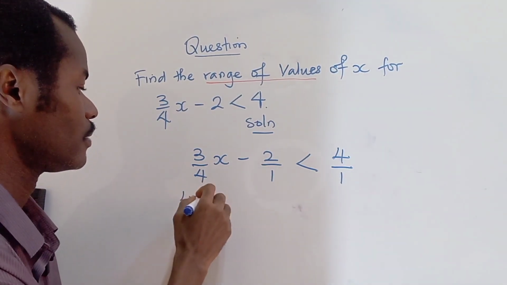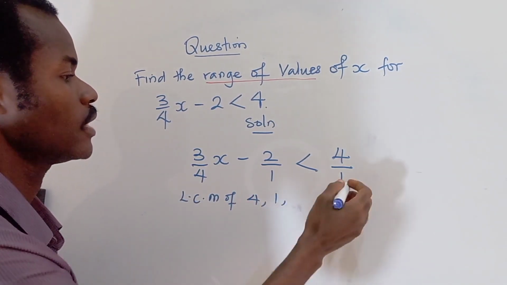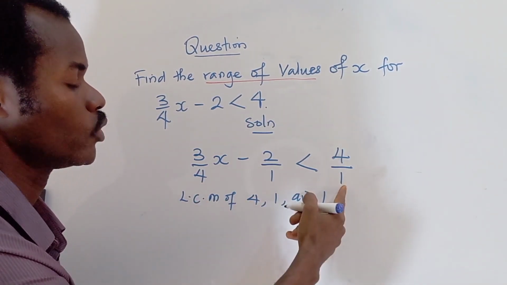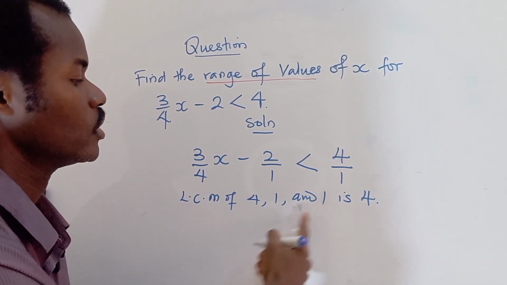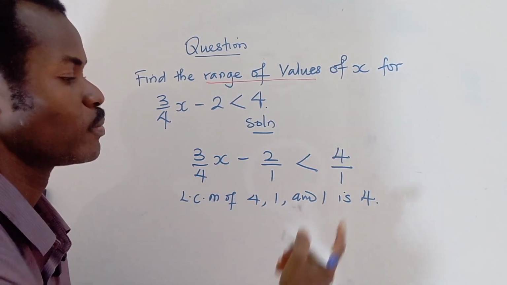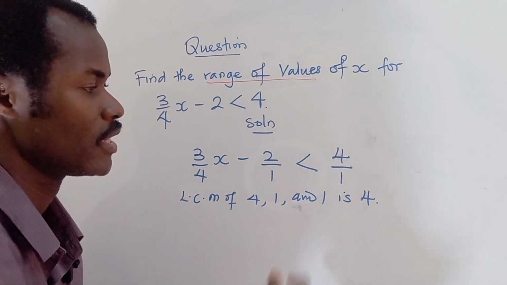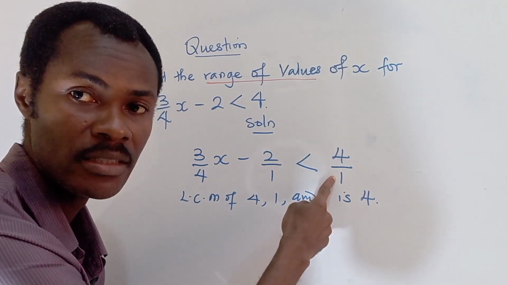So our LCM of 4, 1, and 1 is still 4. Since the others are 1, the LCM is simply 4. So we multiply this by 4, this by 4, and this by 4.